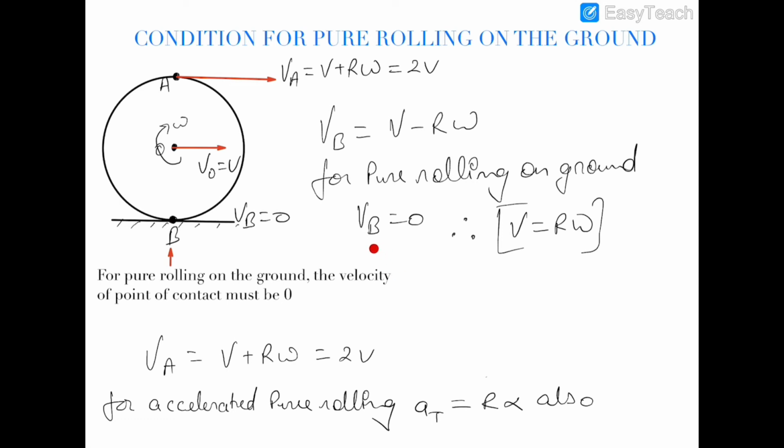Now you must be imagining how it is possible that this complete object is moving and this contact point is on the ground. So let me show you this by an example. You can see that this is a square block which is toppling over this surface.